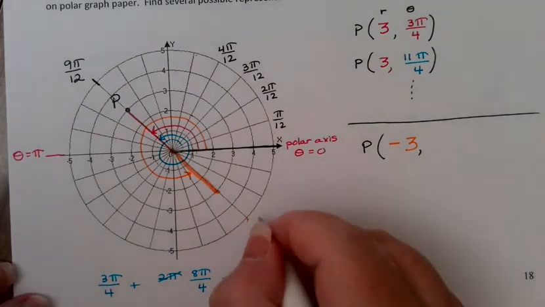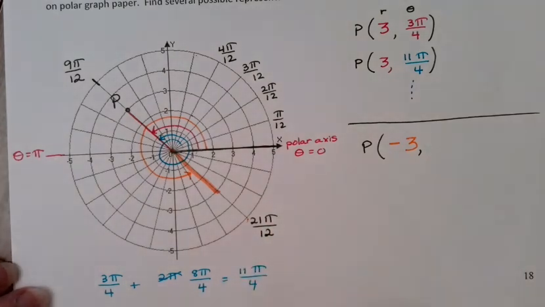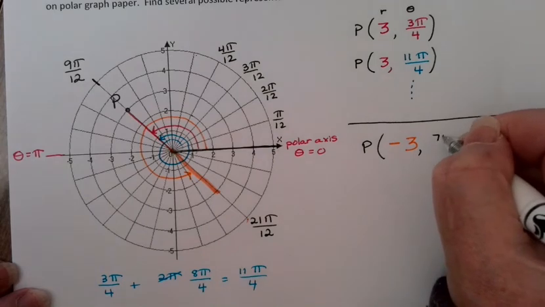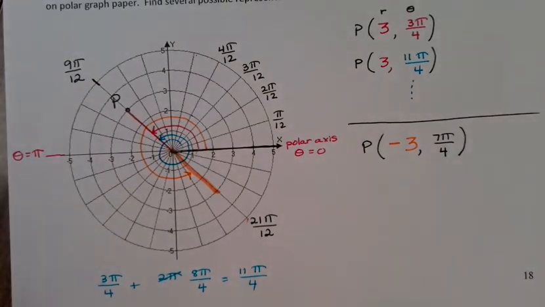That is 21 pi over 12. If I reduce that to lowest terms, I would have 7 pi over 4. So that's one possibility.